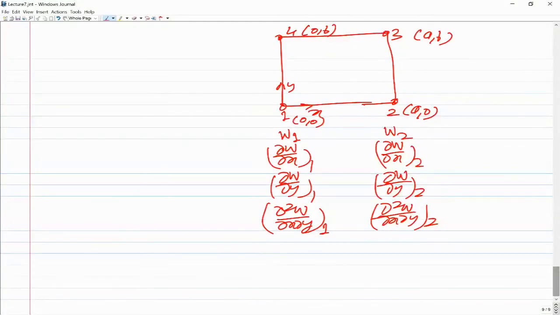So when we assume an approximate solution, we take a polynomial with 16 terms.